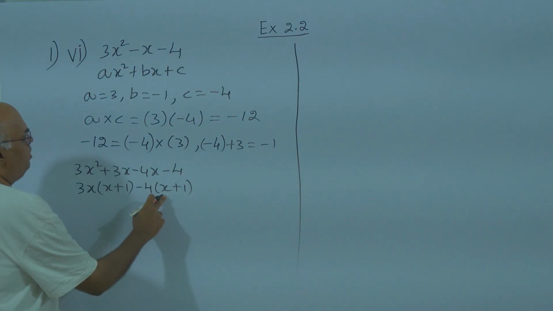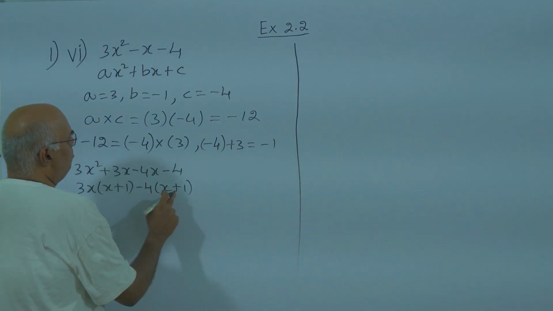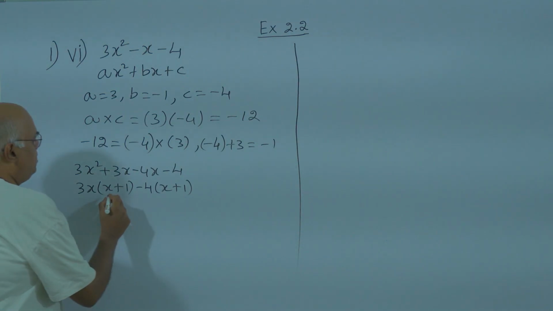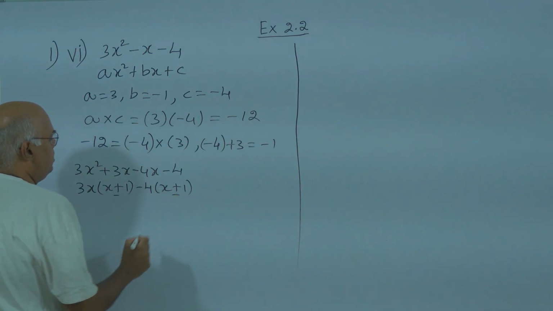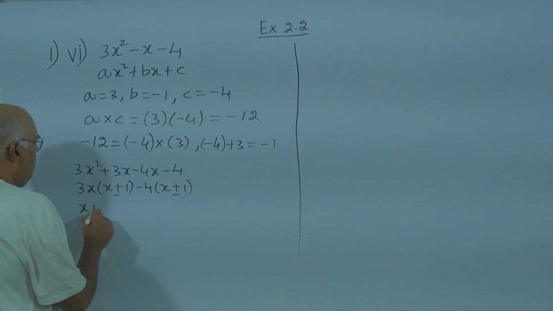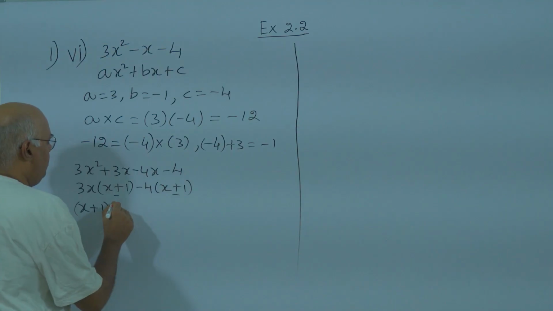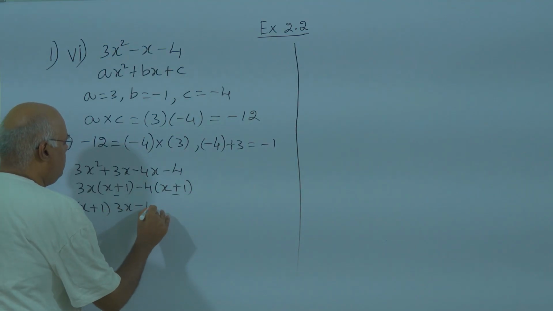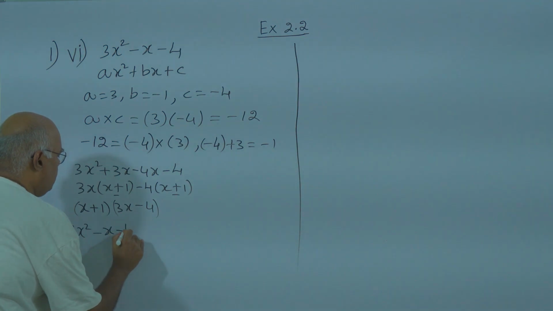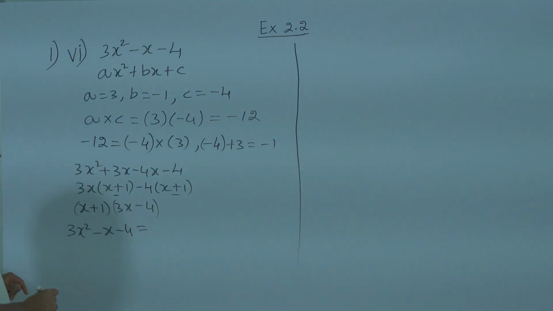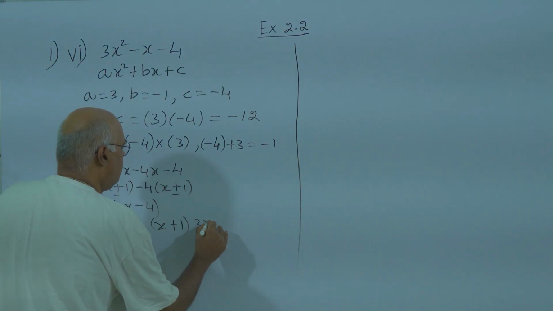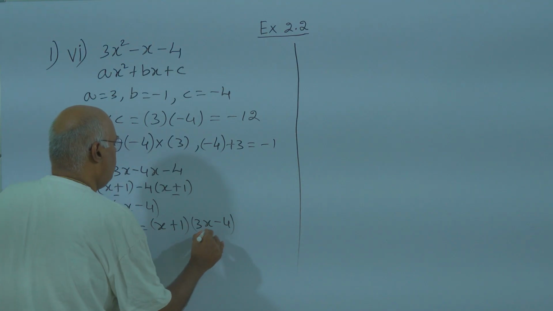Minus 4 into x is minus 4x, and minus into minus is plus, 4 into 1 is minus 4. So I am getting x plus 1 in both the places, so I can take x plus 1 common. If I take x plus 1 common, I will be left with 3x minus 4. So 3x square minus x minus 4 is equal to x plus 1 into 3x minus 4.